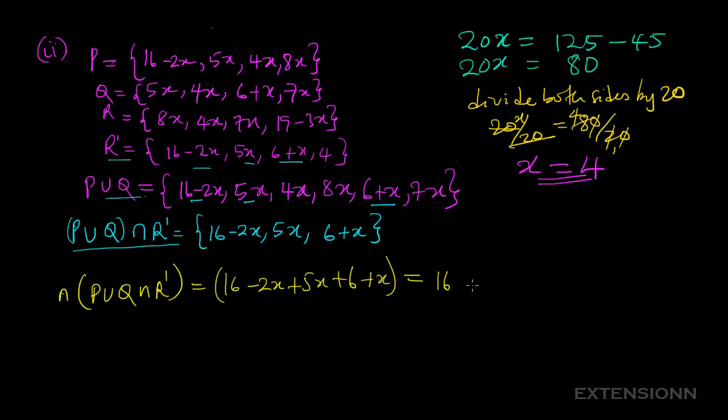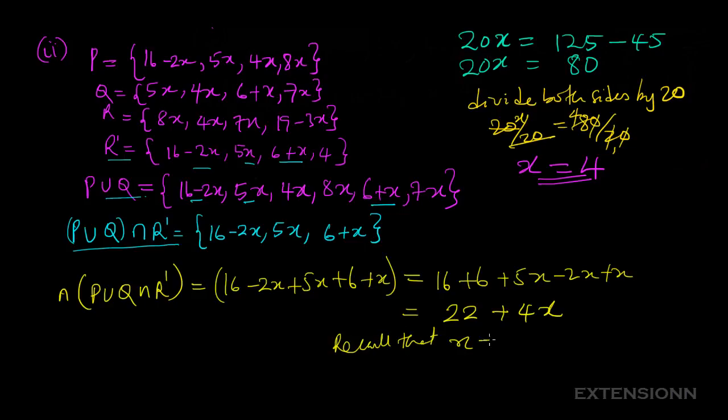So you have 16 plus 6 plus 5x minus 2x plus x. So here we'll have 16 plus 6, which is 22. 5x minus 2x, that's 3x plus x, which is going to be 4x. Okay, so that's the total of it. Recall that x equals 4.